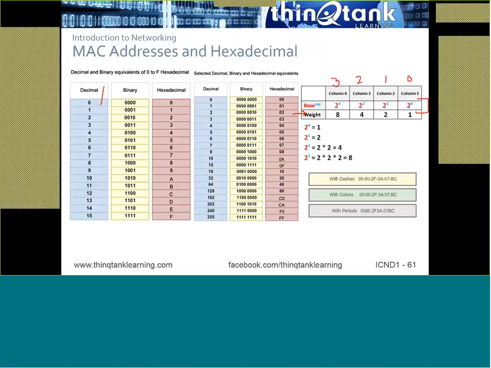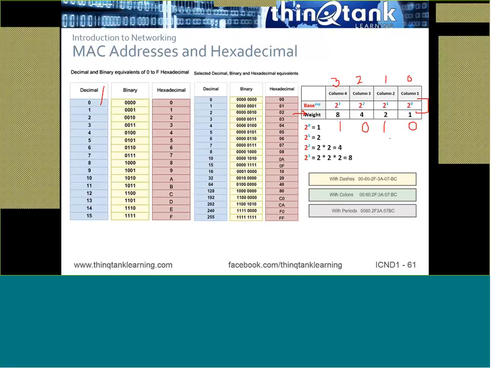So, let's say that I wanted to represent decimal 10 in binary. I would simply turn on the columns that add up to 10. Does that make sense?